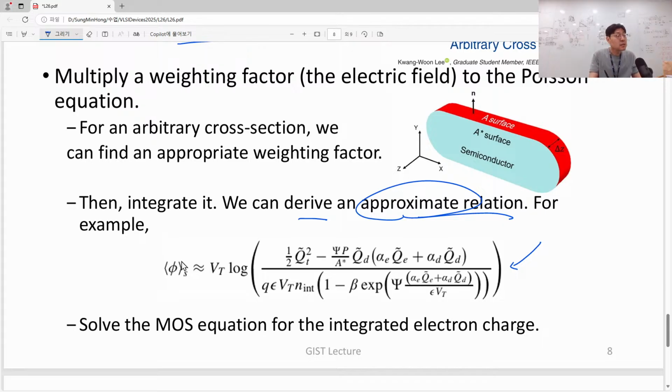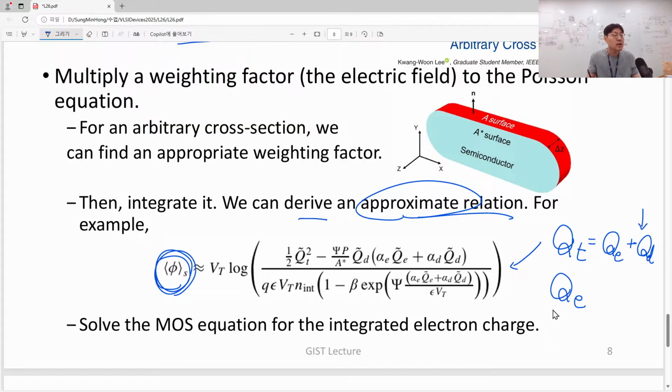The surface potential occurs once again, and it can be written in the form of the total charge and electron charge.